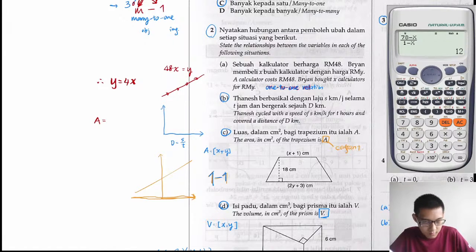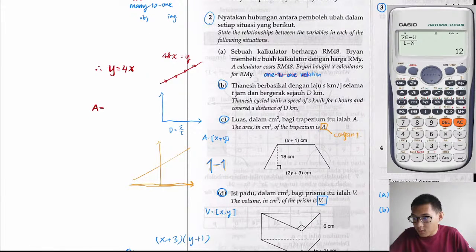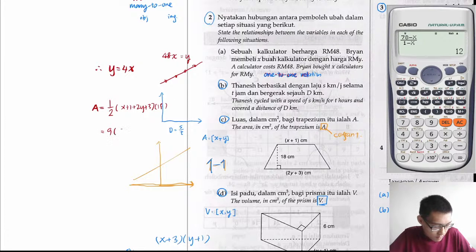That is why I think so much. So A is equal to 1 over 2, we have x plus 1 plus 2y plus 3 and times 18. That means we have 9x plus 2y plus 4.